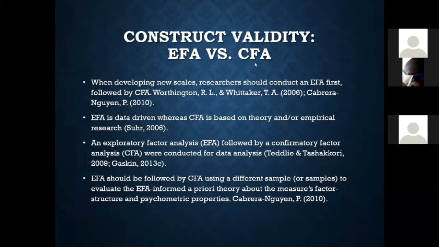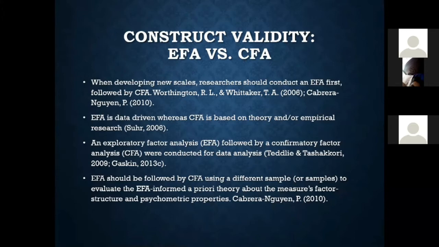Construct validity, EFA versus CFA. When you are developing new scales, researchers should conduct EFA first, followed by CFA. This is normal practice. If you are developing a questionnaire or new scales but you don't know the domains, you can do EFA first to determine the domains, and then confirm the domains using CFA.